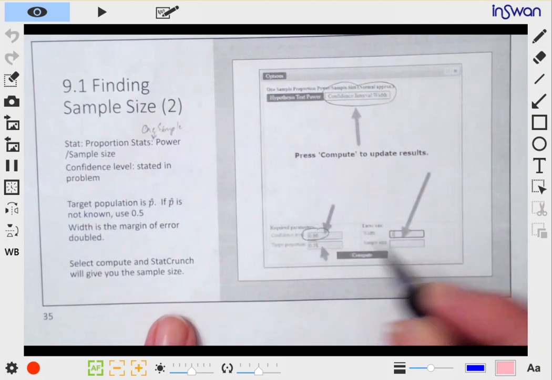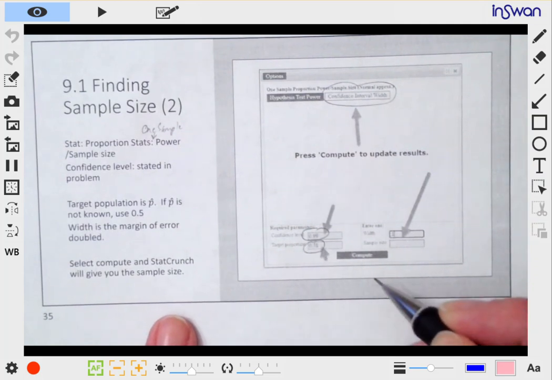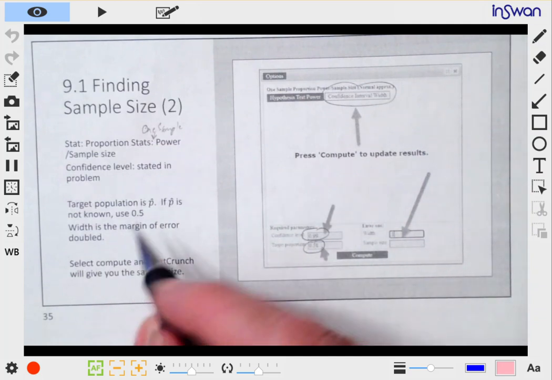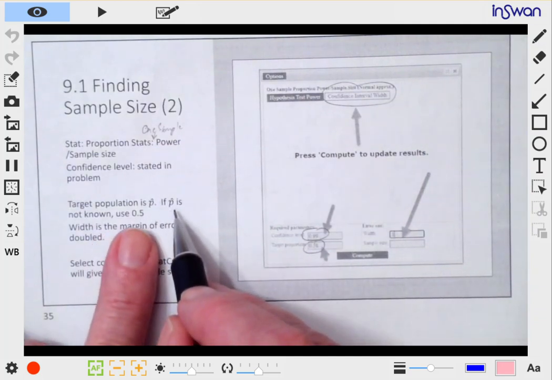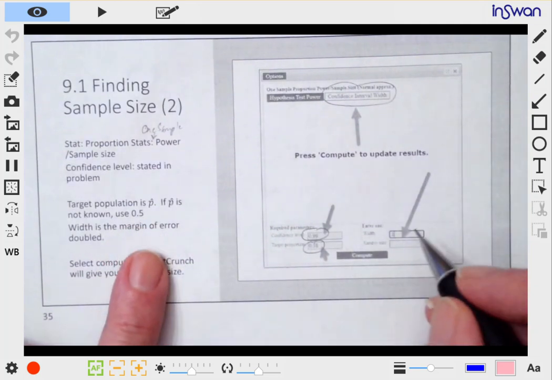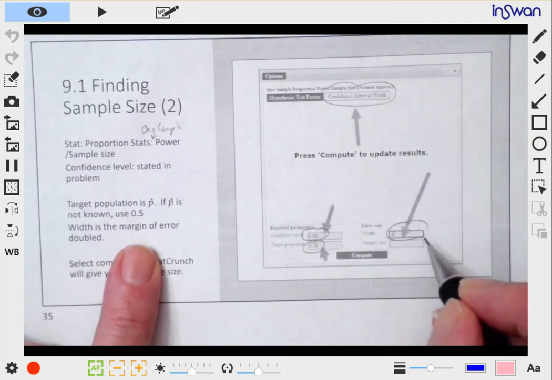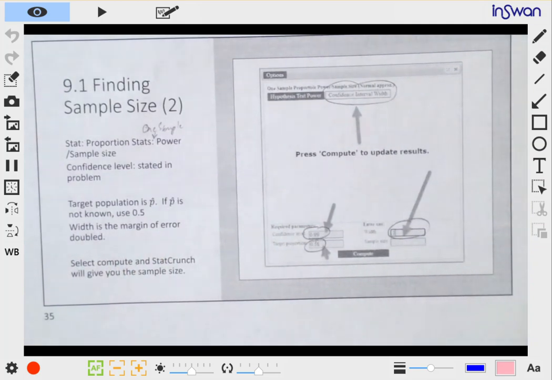This is where you're going to have your confidence level. This is where you're going to have your proportion, like in part A, we had a p-value. Notice it says if p0 or p-hat is not known, we'll use 0.5, which is in the middle. It's a guess, but we can use that to figure out sample size. And then our width goes here, which again is double the margin of error. So let's go ahead and do that, and we'll solve the problem we were looking at.